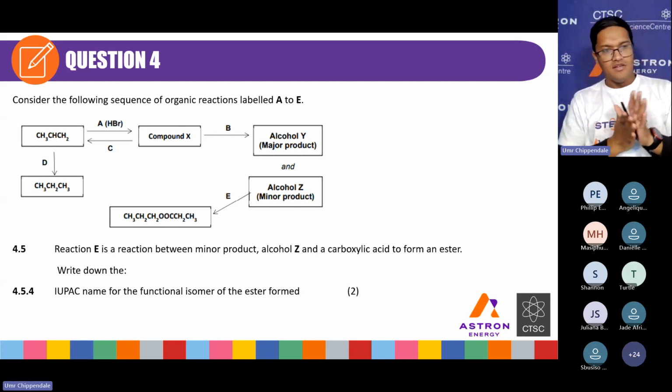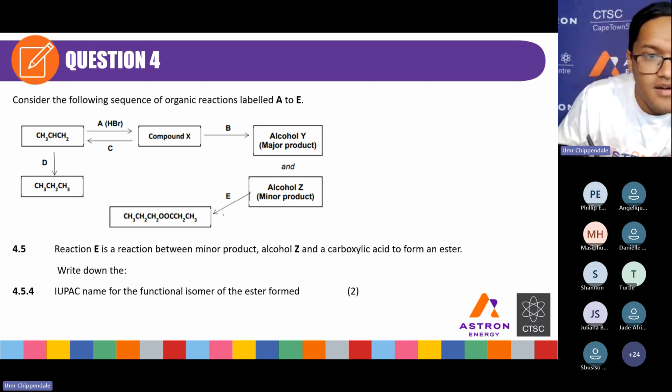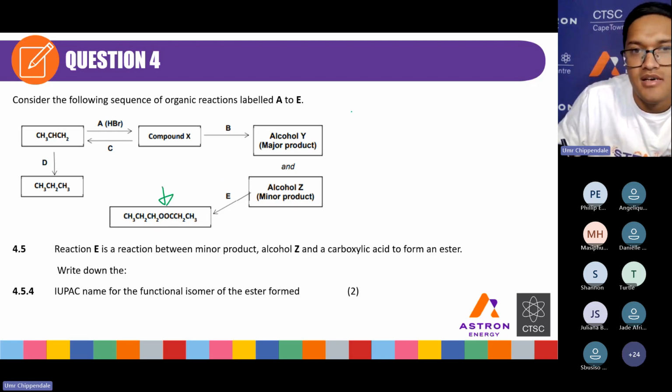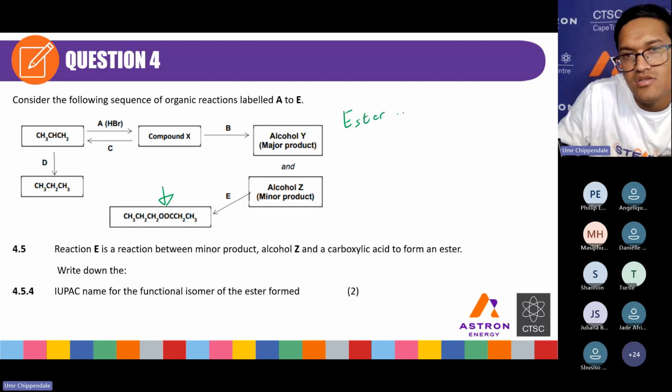So for this question, what is the functional isomer of the ester that we made, here at the bottom, this one? And remember, I can give you a hint again. Functional isomer means, when your ester is related to your carboxylic acid.